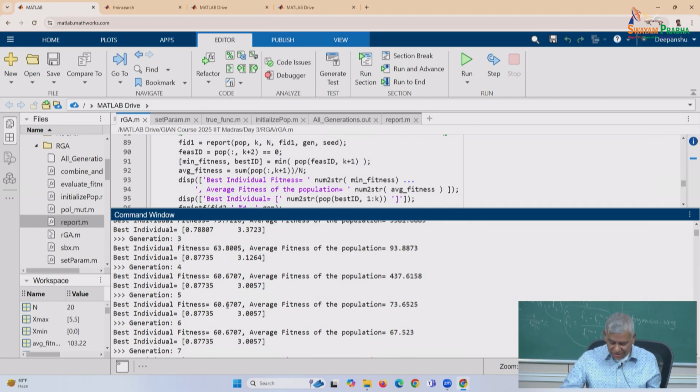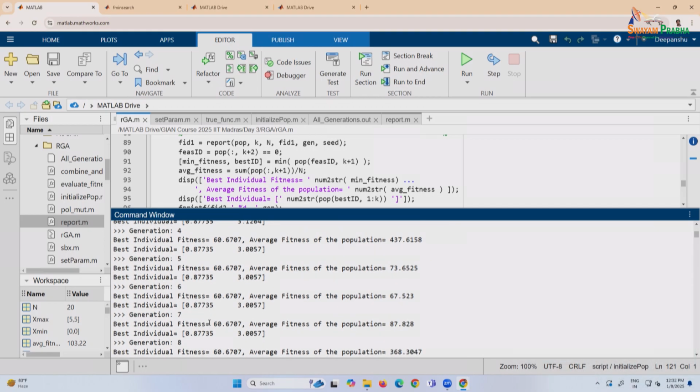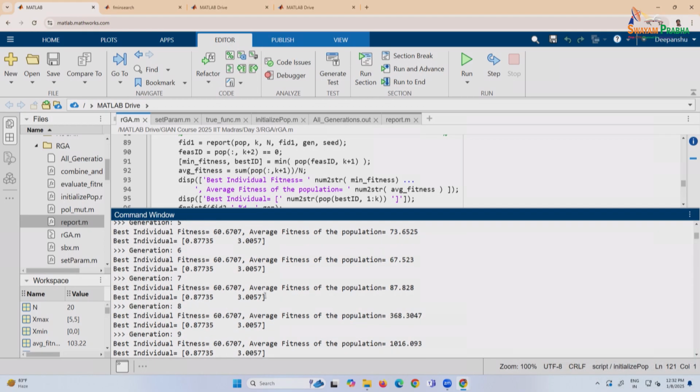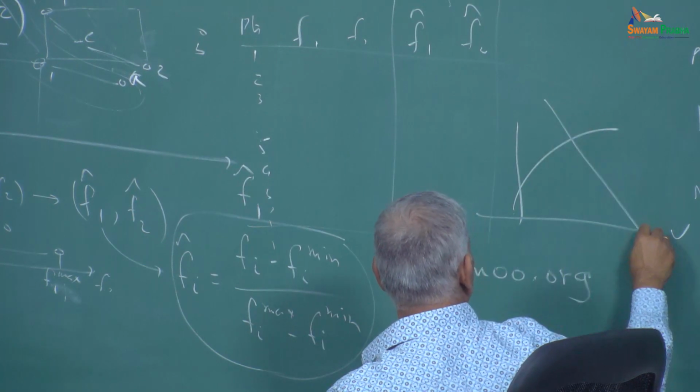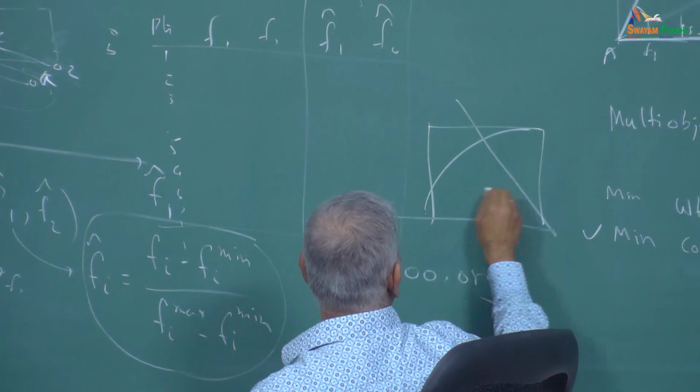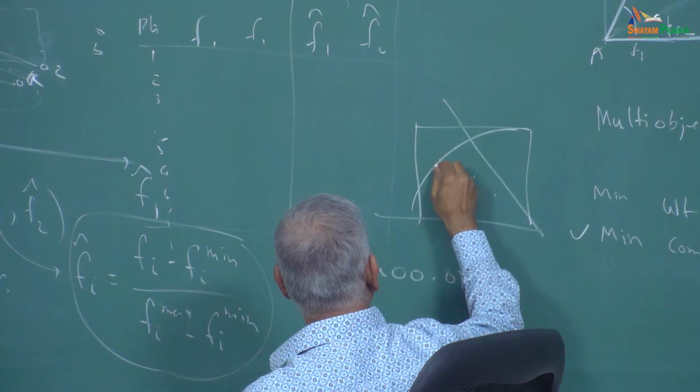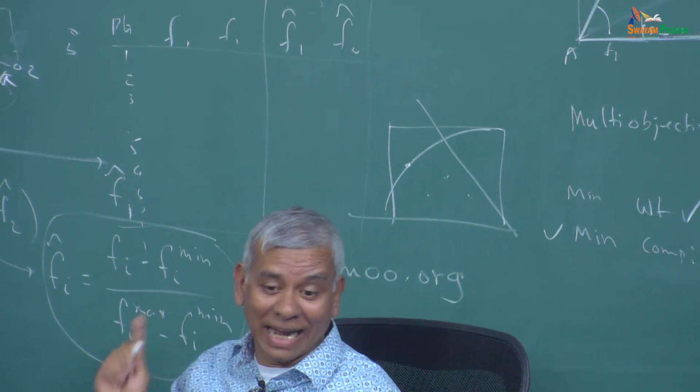Then it goes to 60, 60, now almost stuck. In fact, this is very, very close to the optimum. I think the optimum, as I know, is 60 point something. In the simulation I showed you, there was one that goes like this and one that goes like this, and we ran it and the solution goes and comes over here. Remember, that is the one here.